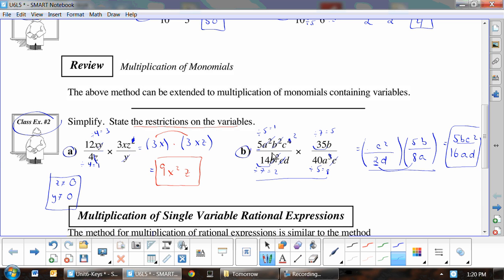Okay. Well, anything with fractions, I'll pause this for a second actually.